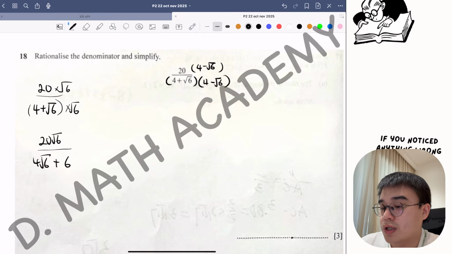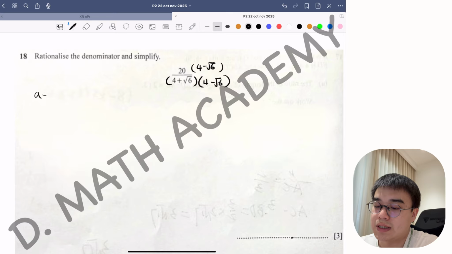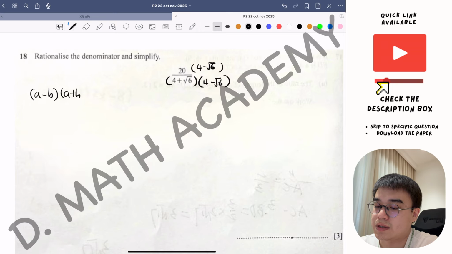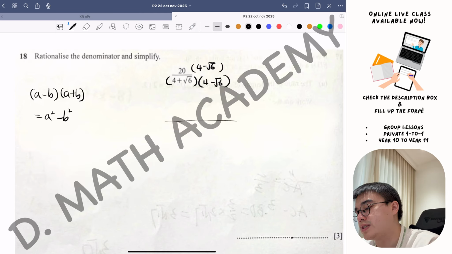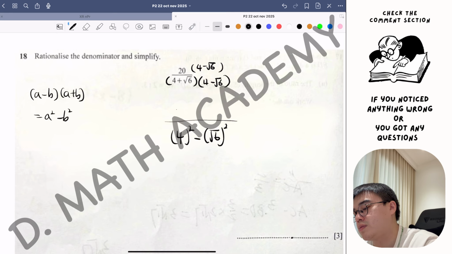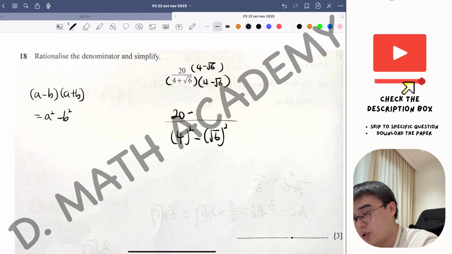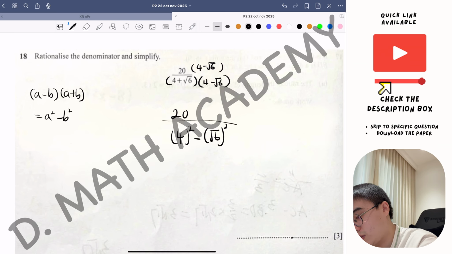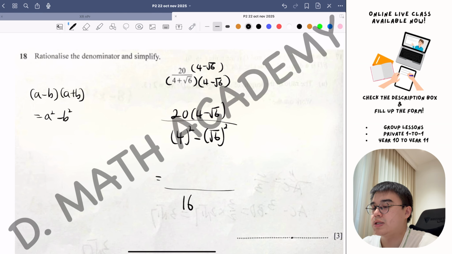So this doesn't work, and the correct concept to use here is a minus b, a plus b equals to a squared minus b squared, because this will help you to square both of the values located at the denominator. So that's what they were expecting from you. Okay, so remember you will get this.